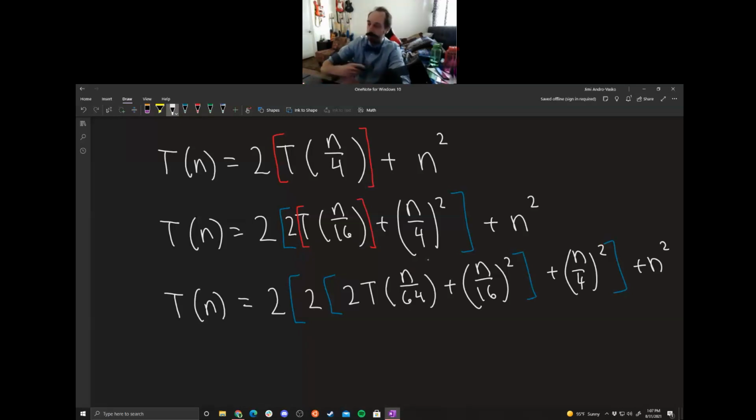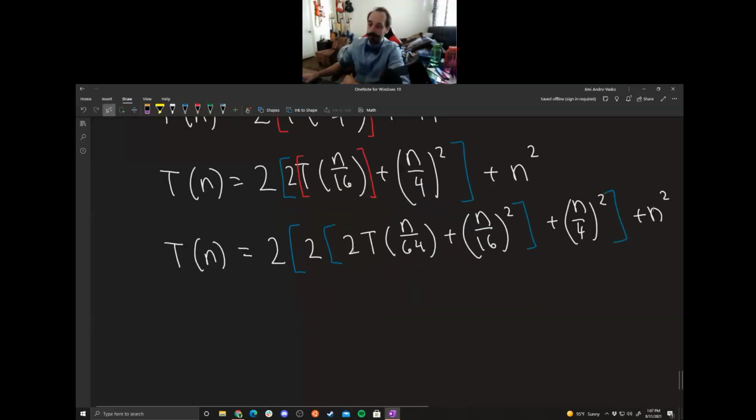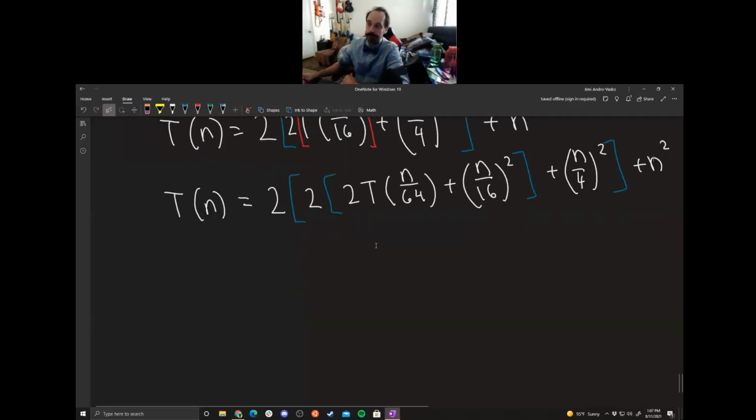So let's go ahead and try to collapse this, because we can definitely see a pattern here, but let's just collapse these. So I have to, as always, distribute this 2 to these two terms.